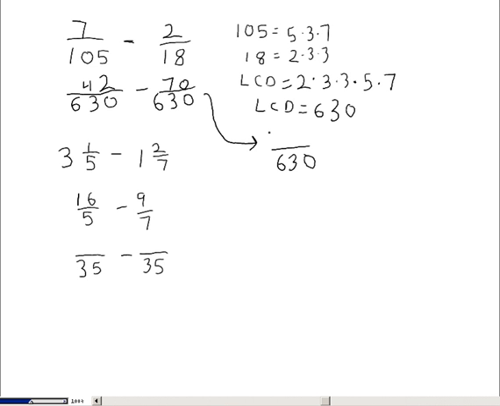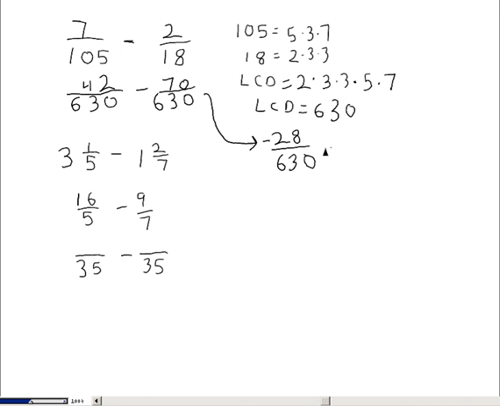Since we're subtracting a larger number than what we have to begin with, we'll have a negative 28 over 630. Again, we're subtracting 70 off of 42, and that gives us a negative 28.